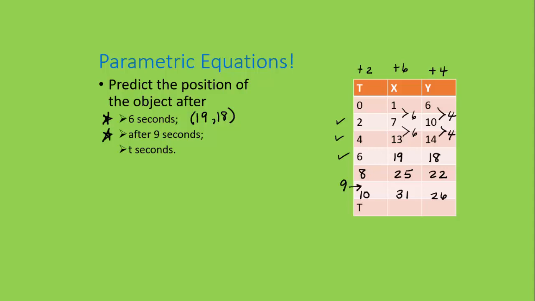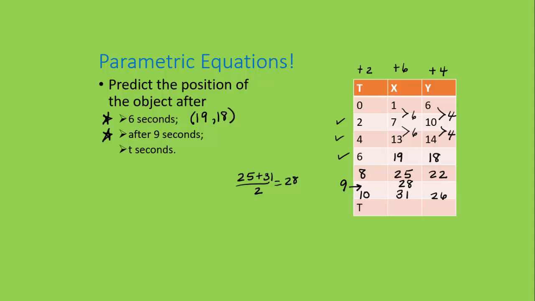So now what I could do is just average my x values and my y values right here. Halfway between 25 and 31 is just the average of 25 and 31, which is 28. So 28 is right in the middle there.